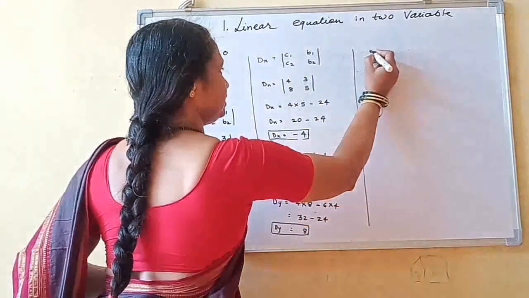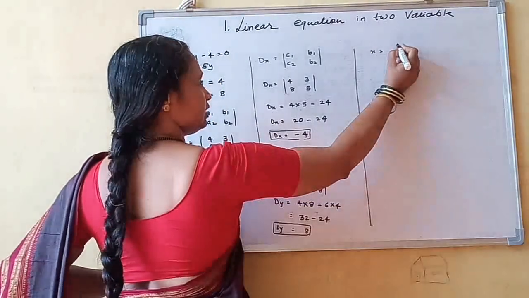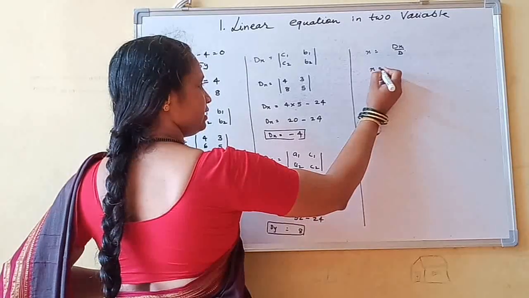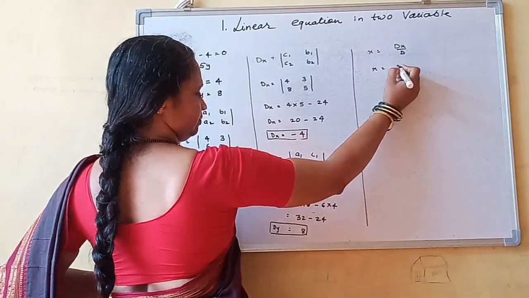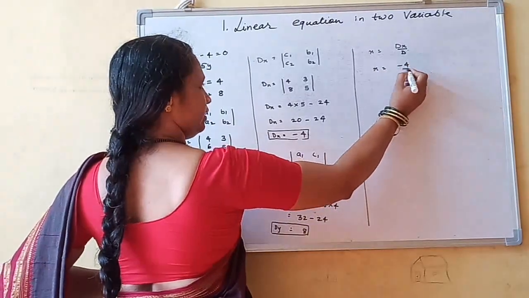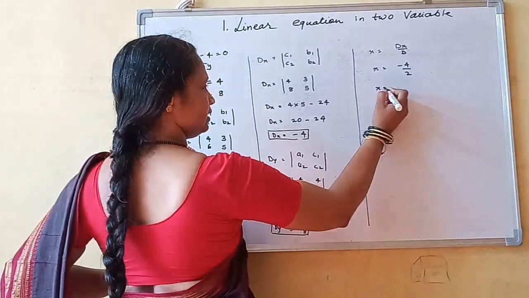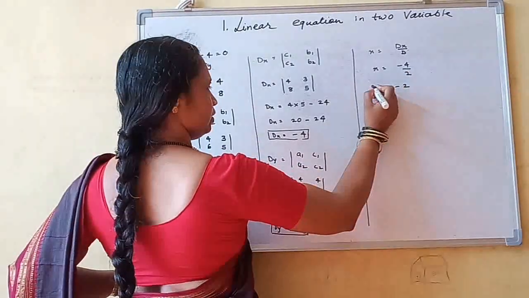Now we want to find the value of x. x is equal to Dx upon D. Dx is minus 4, D is 2. So x is equal to minus 2.